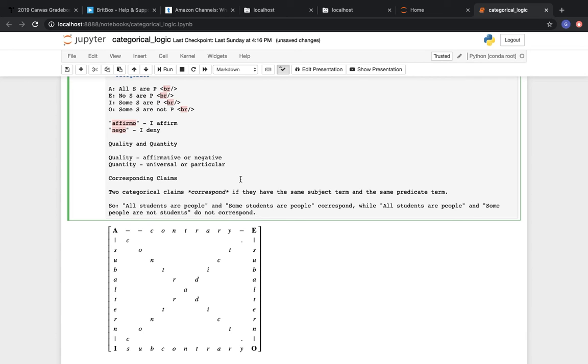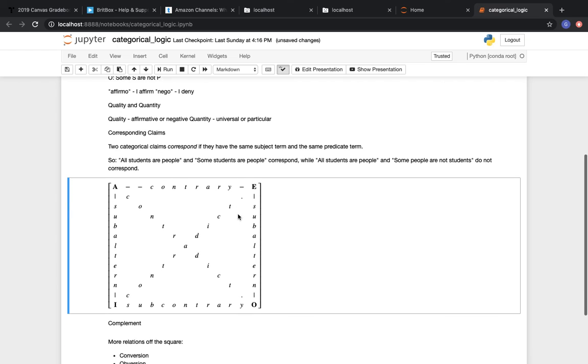Okay, so they have to share the very same subject term, they have to share the very same predicate term. And when they do, then it's meaningful to talk about the relationships that are depicted in this square here.